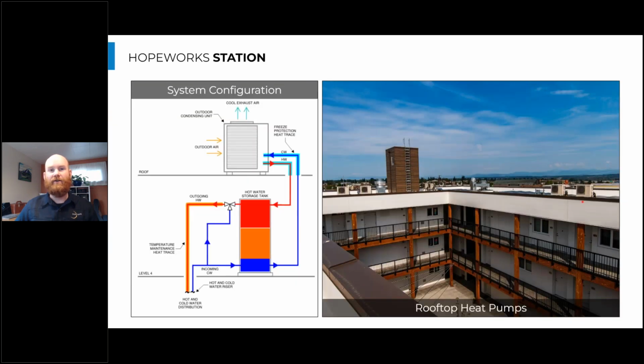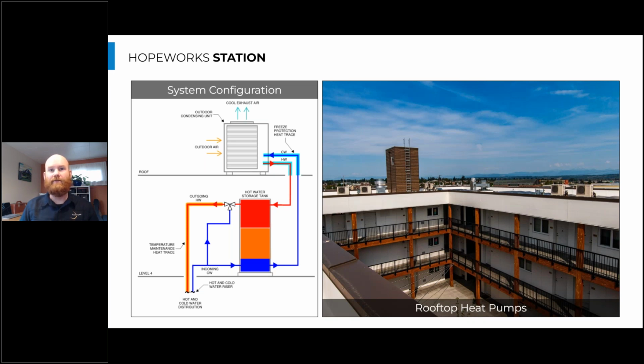Believe it or not, Hope Station has a commercial heat pump water heating system. However, it's using a residential heat pump water heating product known as the Sanden heat pump water heater, or SanCO2. There's been a recent rebranding. That heat pump water heater is providing hot water to the tenants of this building, and it's working really efficiently and really reliably to deliver that hot water.